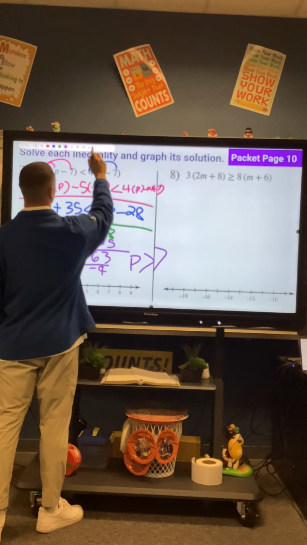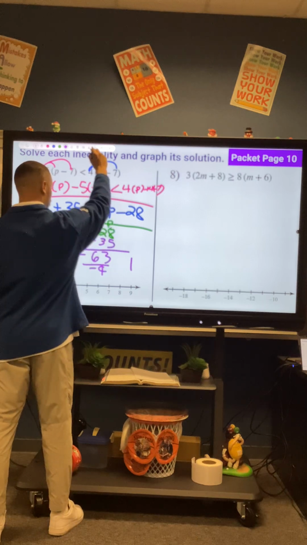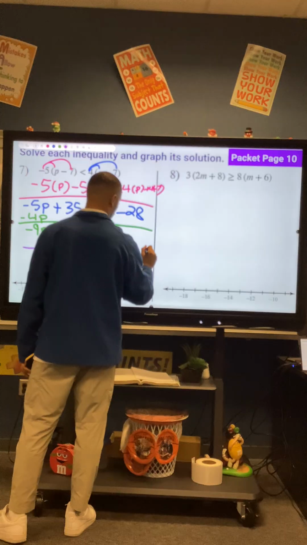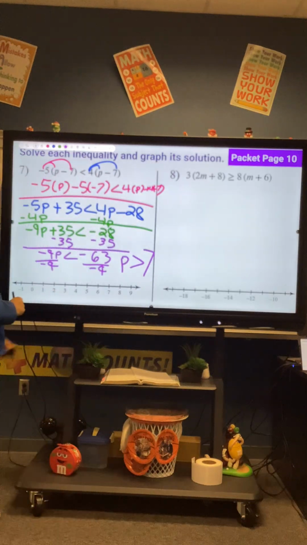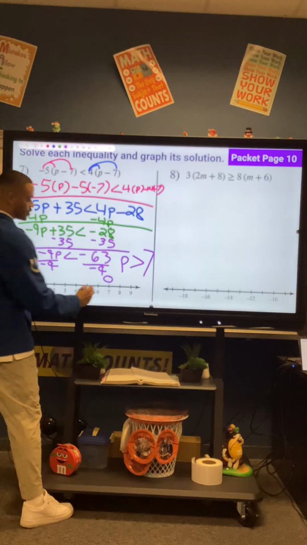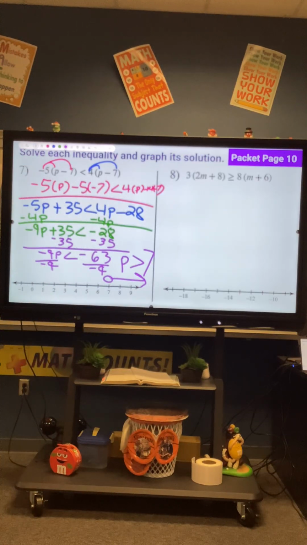Let me rewrite this at the bottom. So I'm going to go to my 7, open circle, since P is greater than, go to my right. Y'all can go ahead and back up.